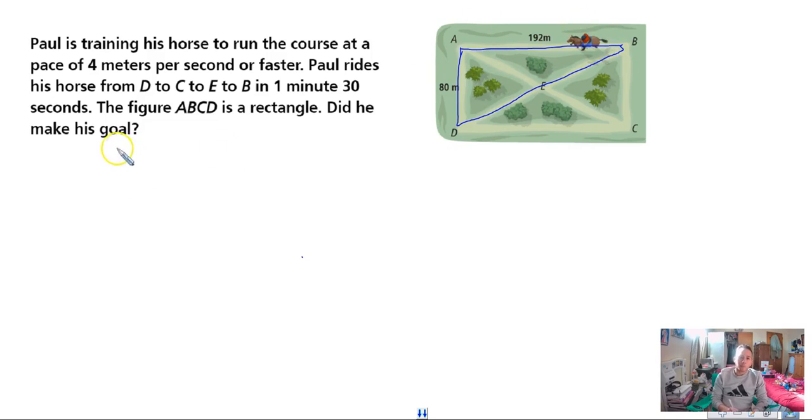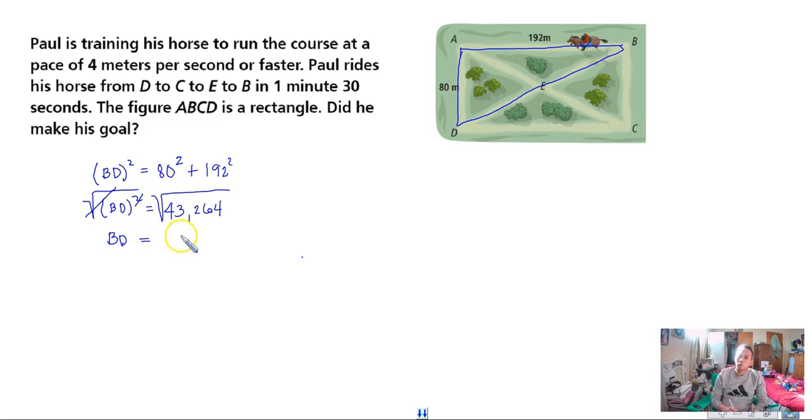So BD squared is equal to AD squared, which is 80 squared, plus 192 squared. You add them, that will give you 43,264. Then I'm going to extract the square root of this one. Of course, this will be cancelled. So the measurement of BD is now equal to 208 meters.